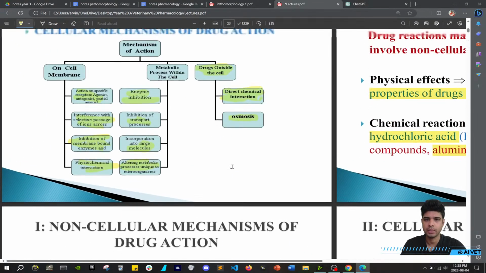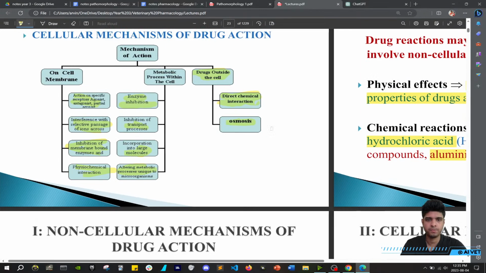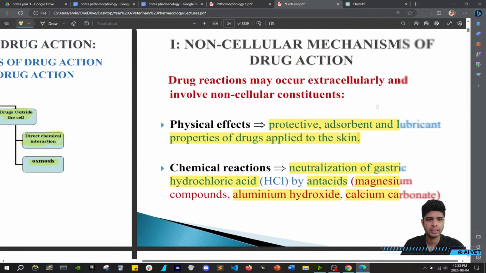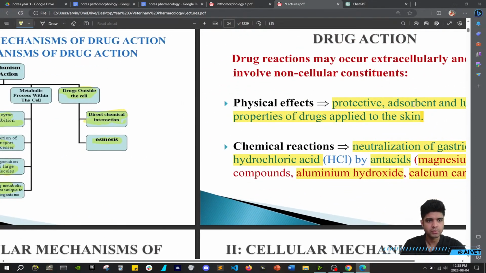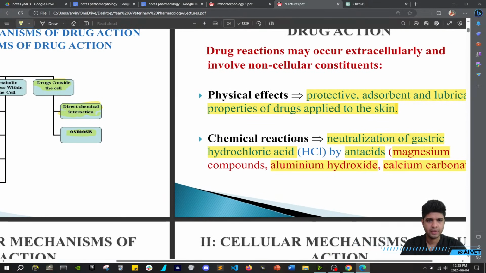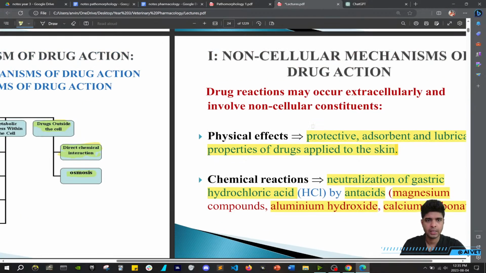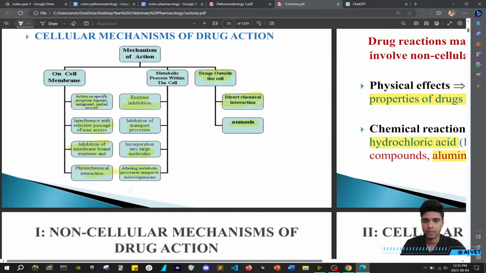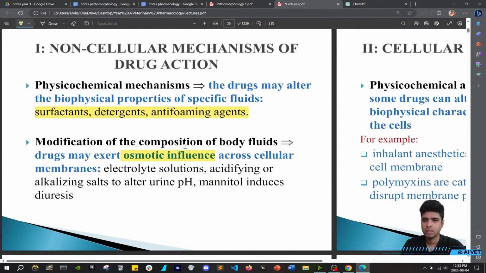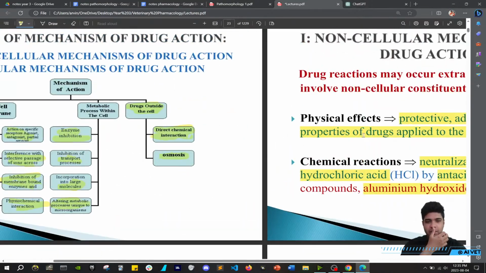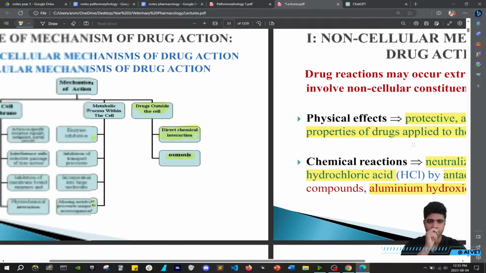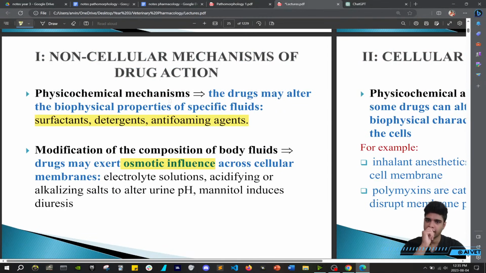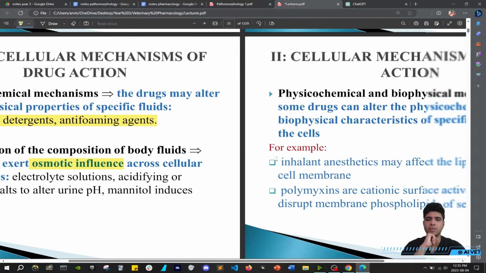Across cellular membranes. Direct chemical interaction, and then physical effects, chemical effects. And osmosis influence, and then physiochemical. Physical effects, chemical effects, and physiochemical mechanisms.